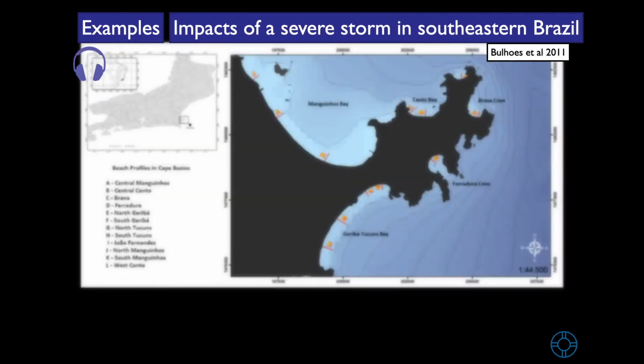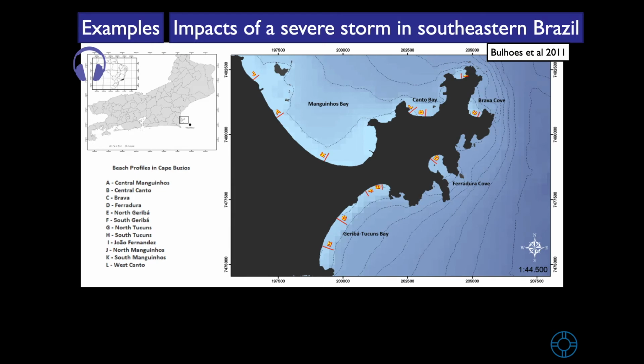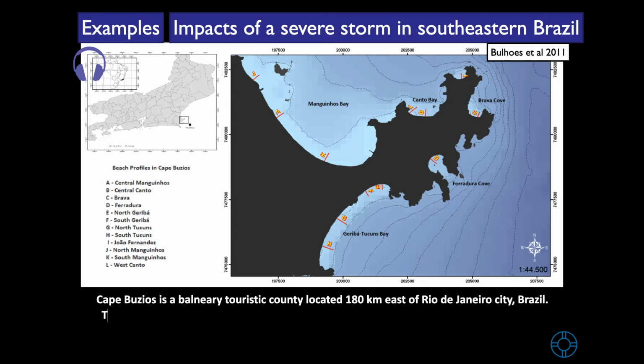In this example, we are going to see some impacts of a severe storm in southeastern Brazil. Cape Búzios is a balneary touristic county located 180 kilometers east of Rio de Janeiro City, Brazil.